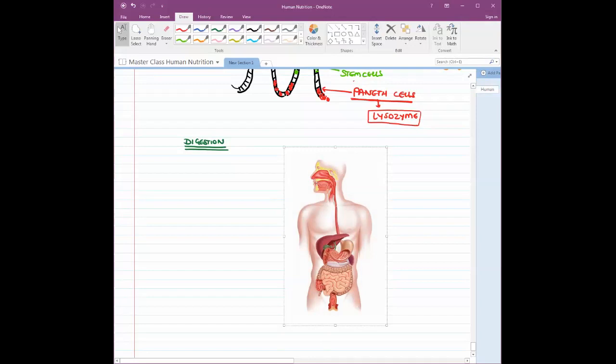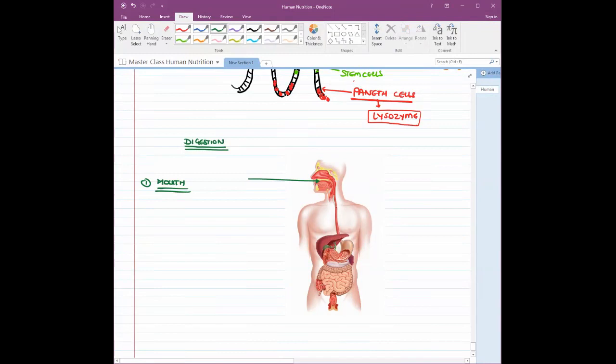Chalo. So now let's see the first thing that is going to happen, guys. It is in your mouth region. The moment you start having food, you put it into your mouth and start chewing it. While chewing, the saliva gets mixed with the food.